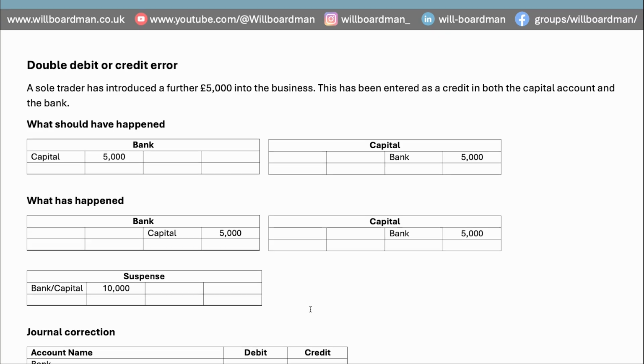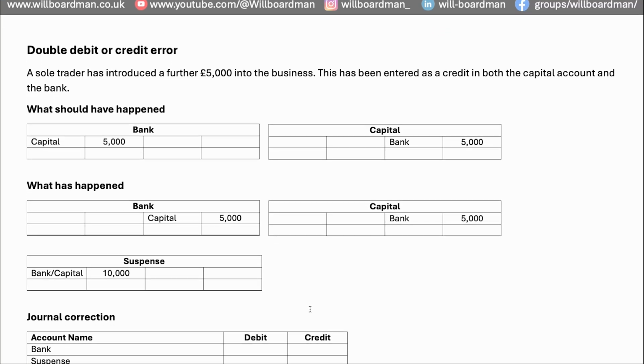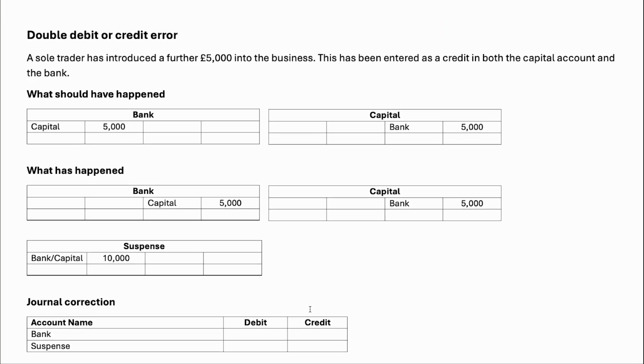Now, in terms of how we would amend this, we need to obviously reduce that suspense account balance to nil, and we need to correct the amount in the bank account because we've got so far a credit in the bank of 5,000 when that should be a debit of 5,000. So what we need to do is debit our bank account for 10,000.